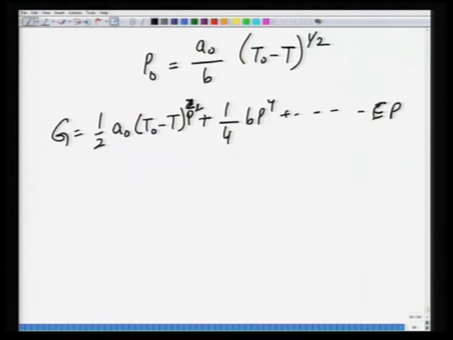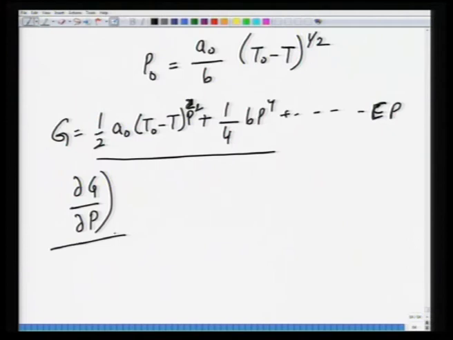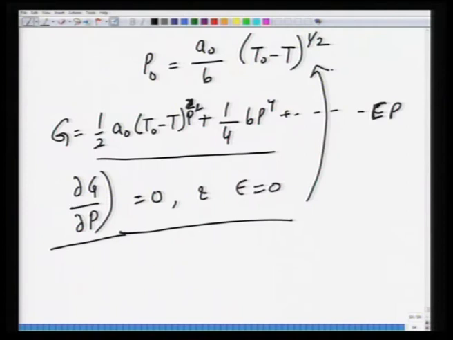So, when E is equal to 0, then from this you can work out, because for free energy you again need to calculate del G by del P, and that is of course equal to 0. Inserting E is equal to 0, this is going to give rise to the condition where P naught will be equal to A naught divided by B into T naught minus T to the power half.